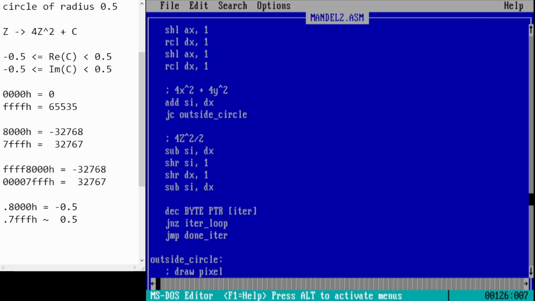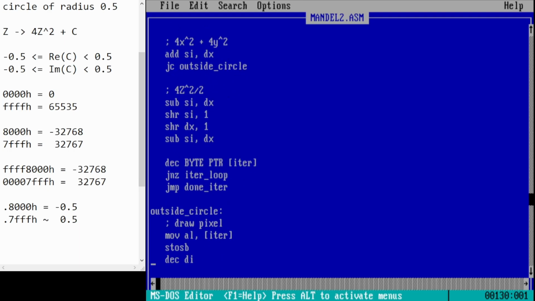So now let's take a look at the code that actually deals with the case where we're outside the circle. The first thing we're going to do is draw our pixel, and nothing could be simpler. We're simply going to move our iter value into the AL register and use our stosb instruction to write a byte into es:di. And remember that di points to the current pixel on the screen, which we've been iterating over.